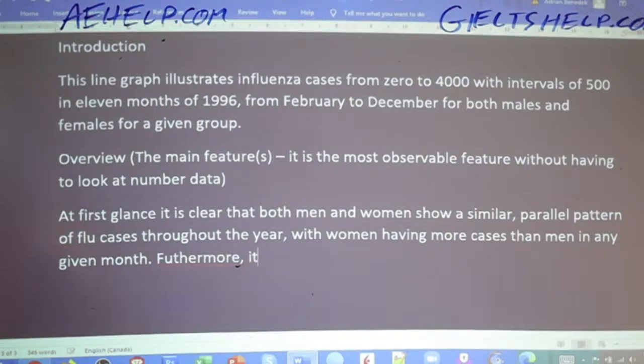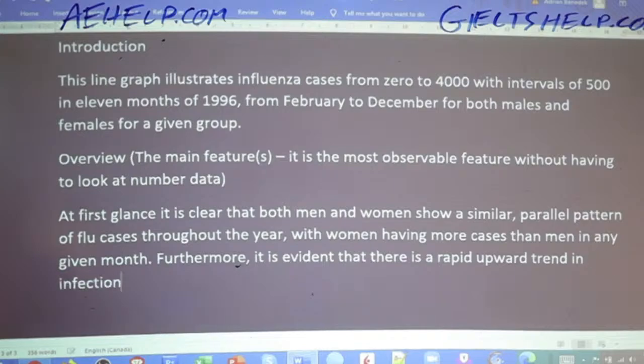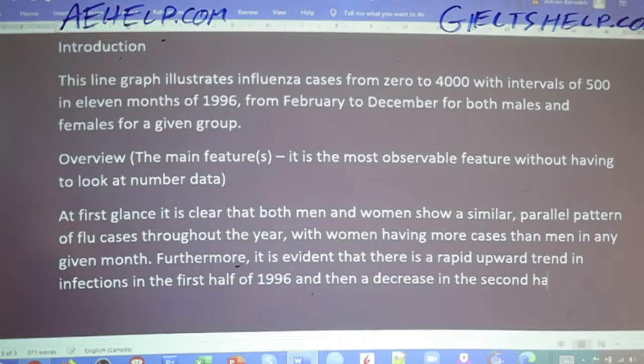Furthermore, it is evident that there is a rapid upward trend in infections in the first half of 1996, and then a decrease in the second half of this annum.